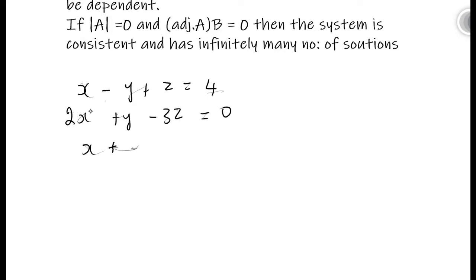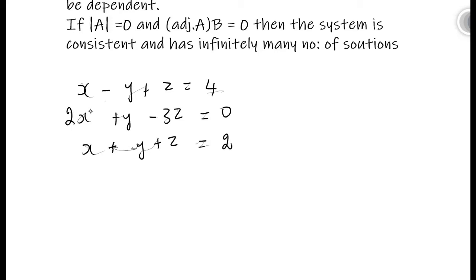Now, the given system of equations is x minus y plus z is equal to 4, 2x plus y minus 3z is equal to 0, x plus y plus z is equal to 2.